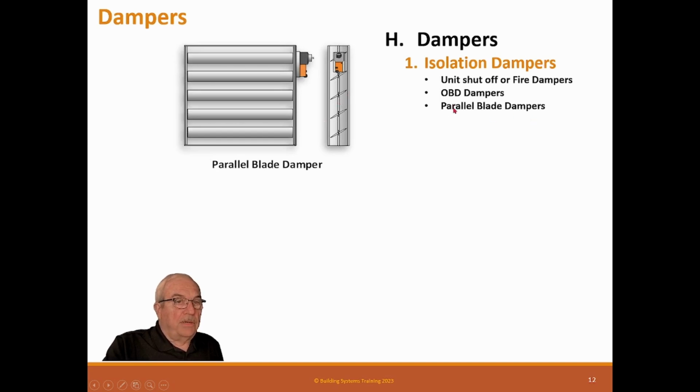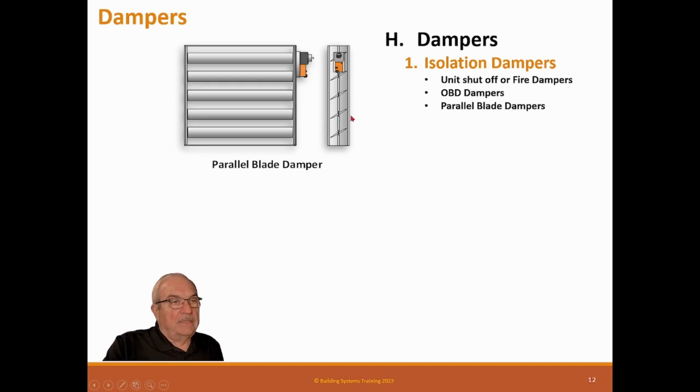So you can use a parallel blade damper to mix air. You can't with an OBD. OBDs are much more popular, a little more positive flows, but they also can't mix air. With this one here, you can have the outside air damper point towards the return air damper, so it mixes better.